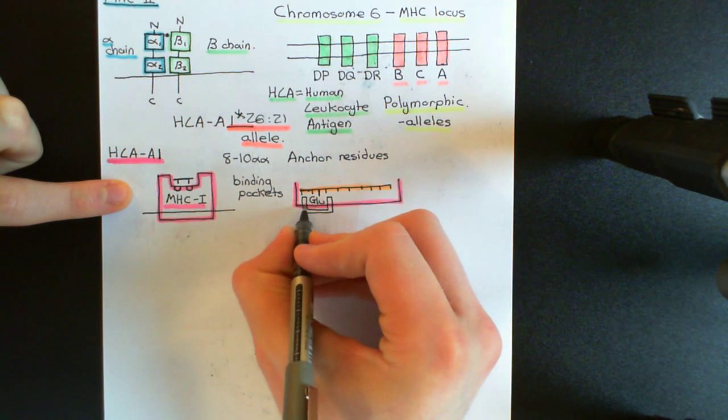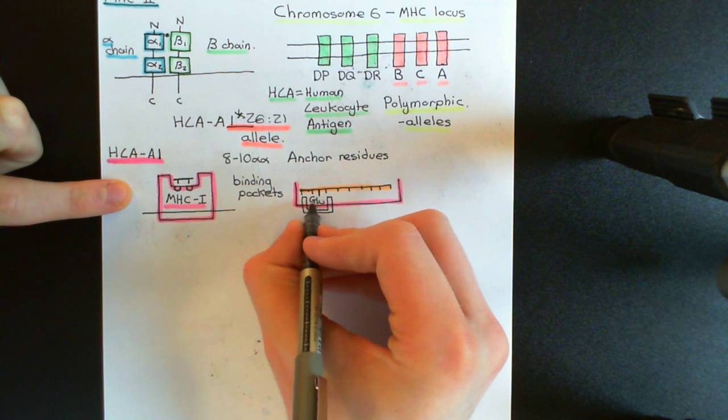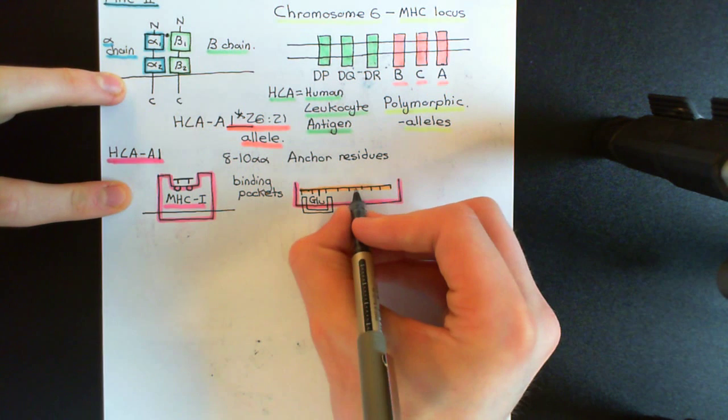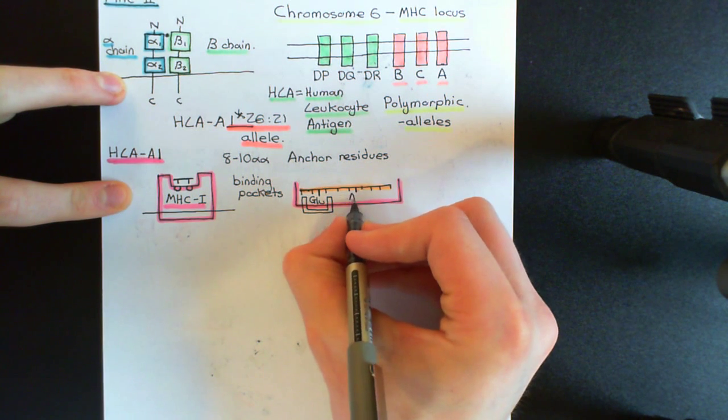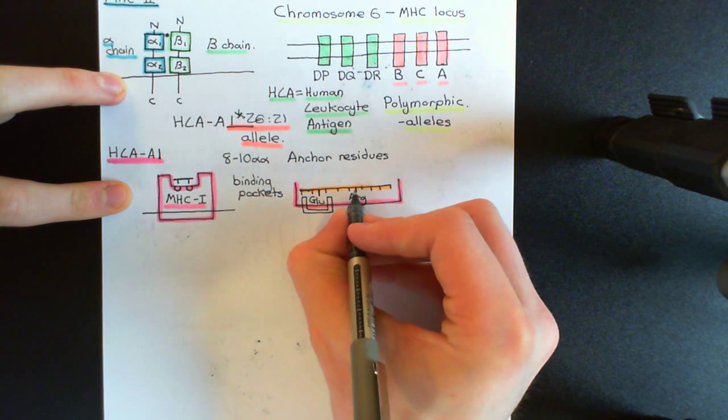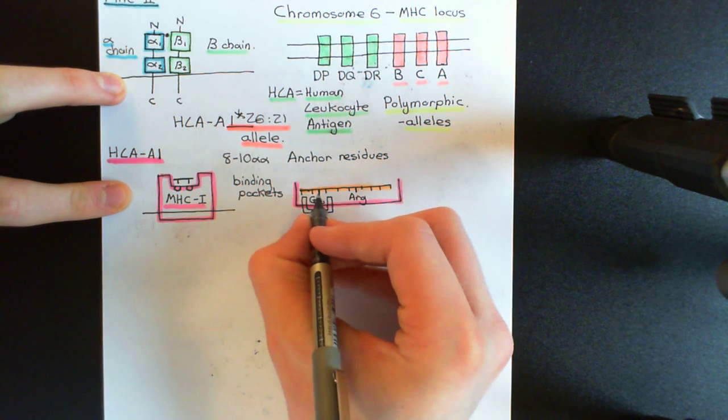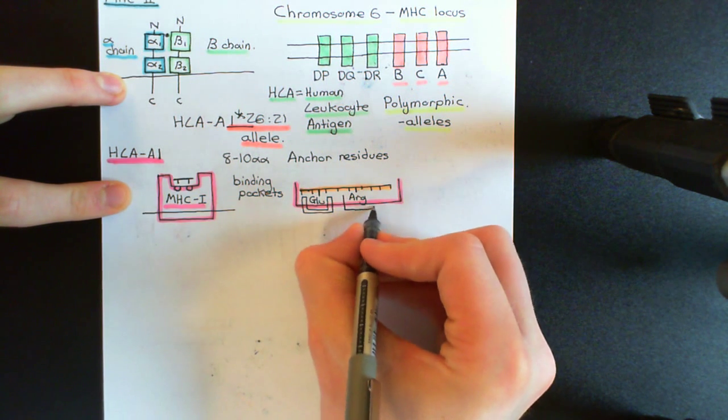So maybe there's some specific little pocket here that the glutamate's R group needs to fit in here in order for you to be able to bind. And maybe you also need to have an arginine at this position. So what position is that? That's position 5. So a glutamate at position 2 and an arginine at position 5.